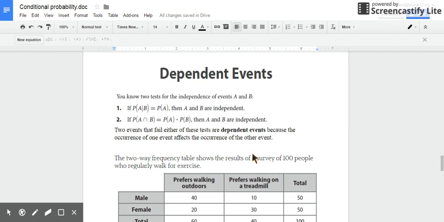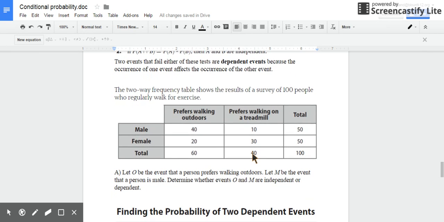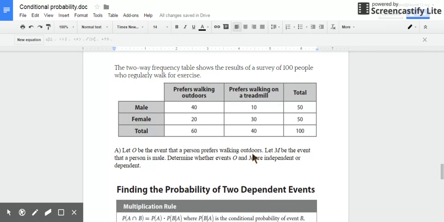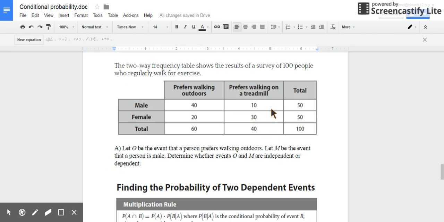So let's take a look at this survey of 100 people. We've got males and females who either like walking on a treadmill or walking outdoors. Let's check these two events. O is somebody who prefers walking outdoors, and M is that the person is male. Let's see if those events are independent or dependent.